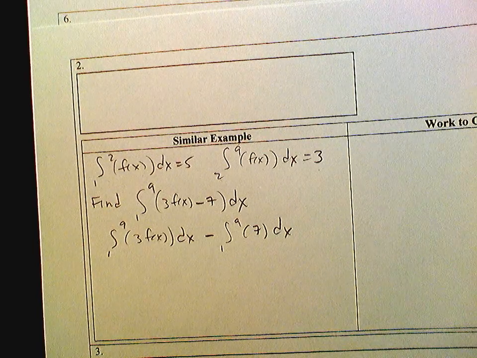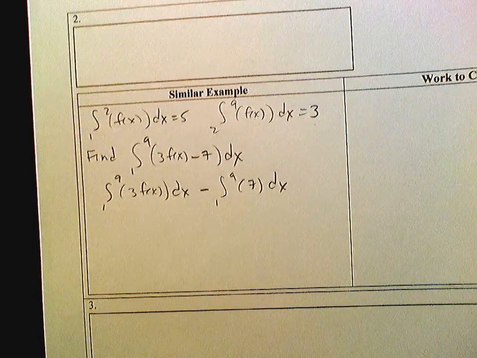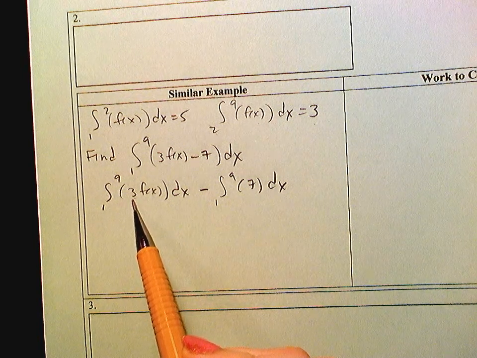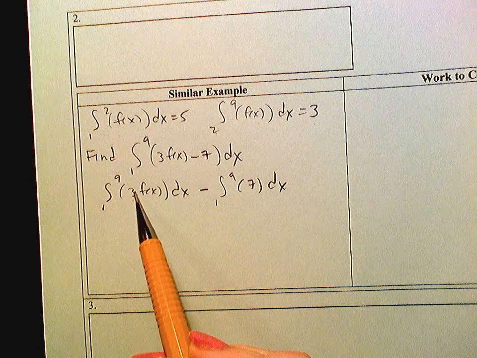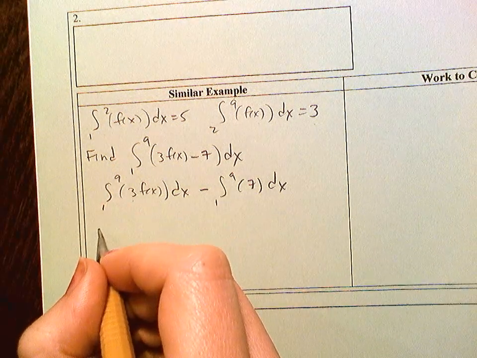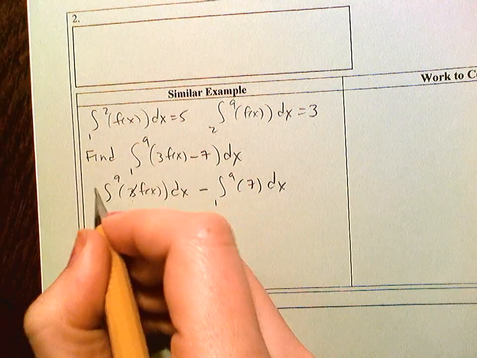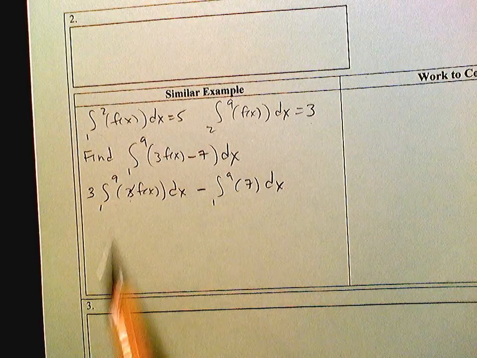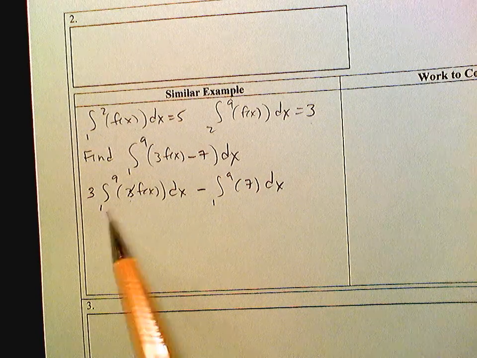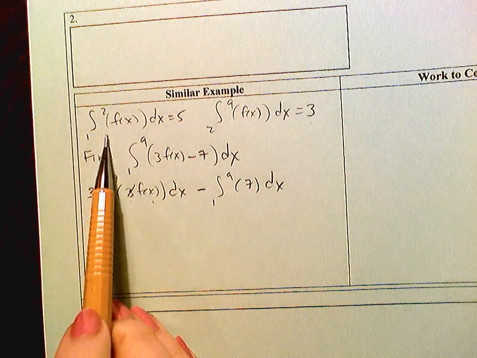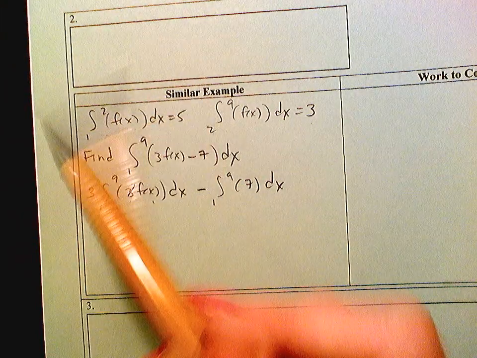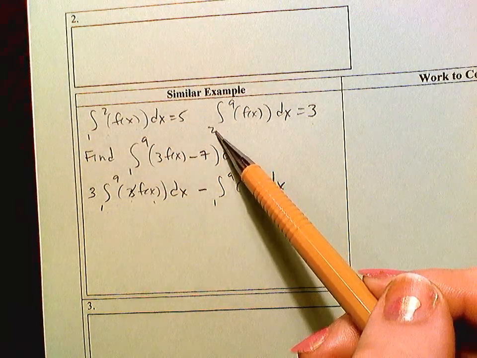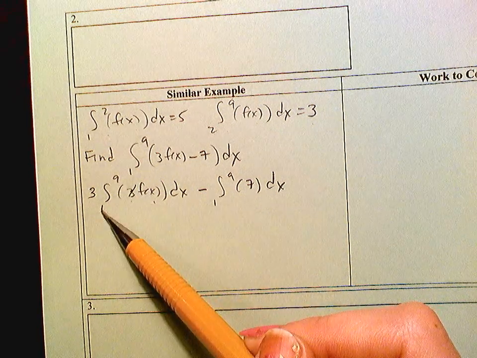Now I'll pull out the 3. I don't know the integral from 1 to 9 of f of x, but I know the integral from 1 to 2 and the integral from 2 to 9. If you take the interval 1 to 2 and put it next to the interval 2 to 9, you get the interval 1 to 9.